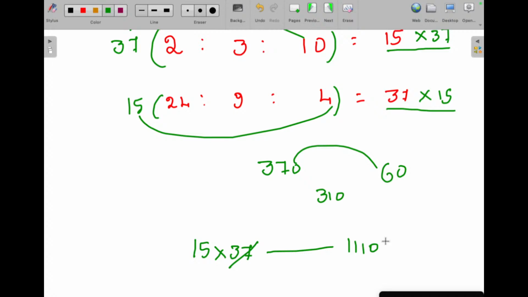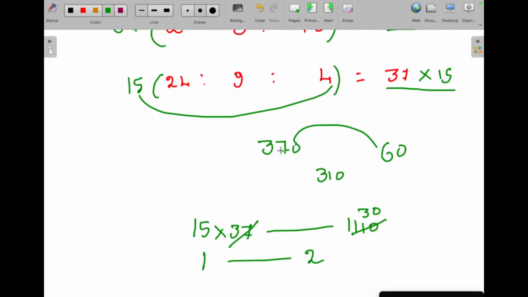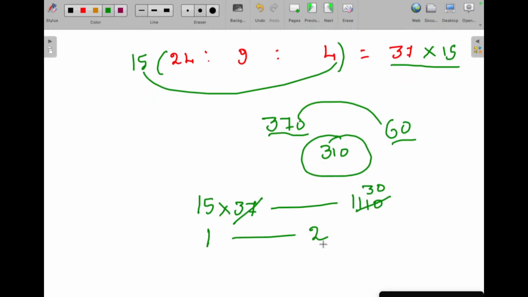Now 37 ones are 37, 30 is again 15 parts, so 1 part is equal to 2. Actually I need to send 370 letters to C. By mistake I am sending only 60 letters, which means to meet the demand I need to send another 310 letters. Then 1 part is equal to 2, so 310 parts is 310 into 2, 620 letters I need to send.